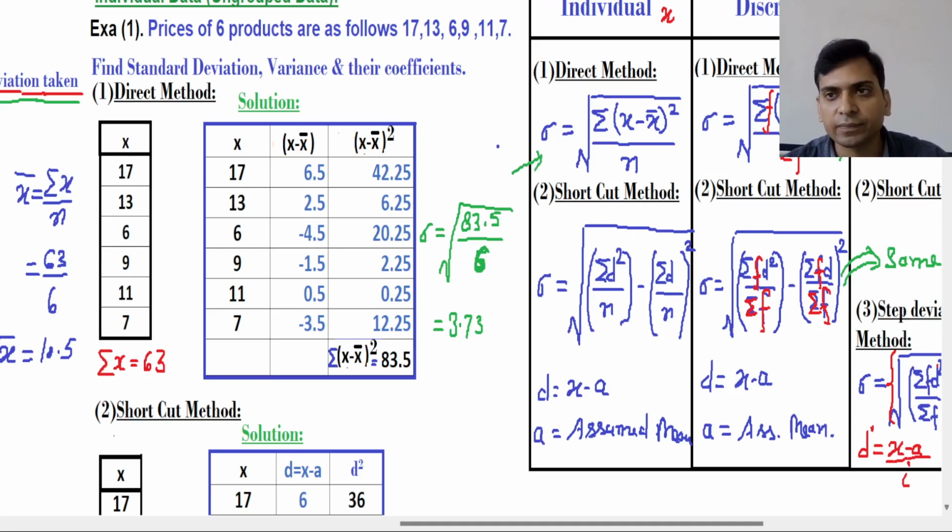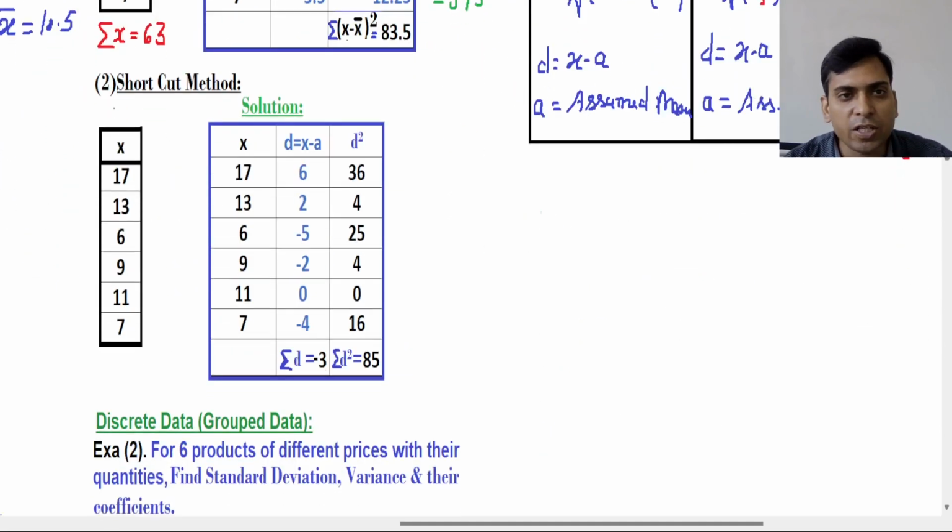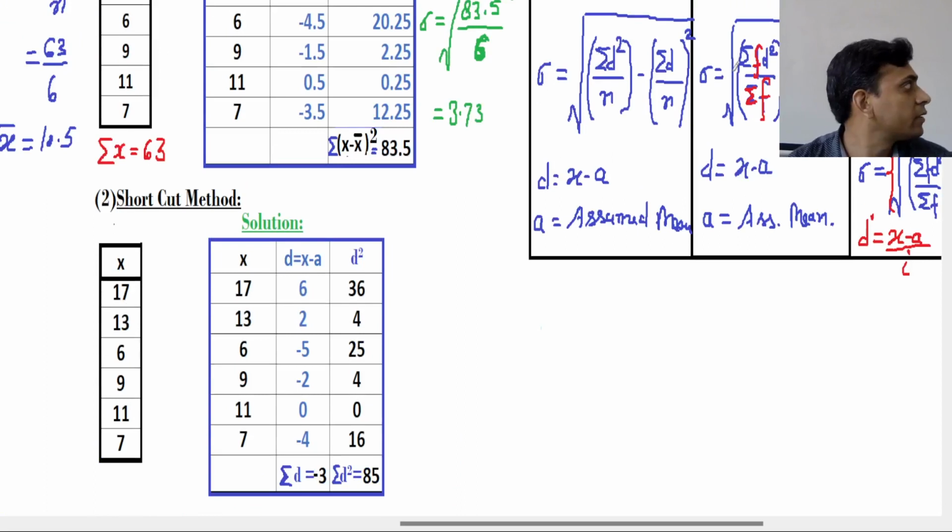Now the second is the shortcut method. In the shortcut method, we have this formula: square root of summation d square upon n minus the square of summation d upon n. First you need to find d, and d equals x minus a. So first we need a. A is an assumed value.